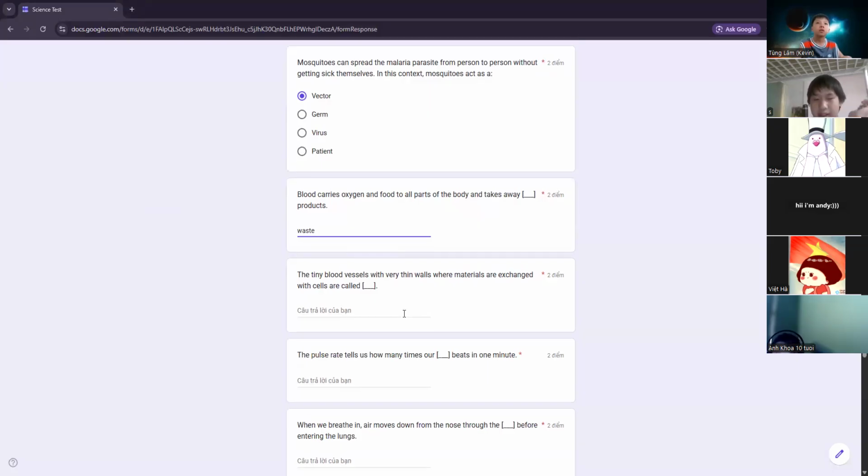Now, what are the thin blood vessels with very thin walls known as? What are they called? Can anybody tell me? I think it's veins. No, they're not veins. Veins are blood vessels that move blood to the heart. So unfortunately, that is not the right answer. Anybody else?